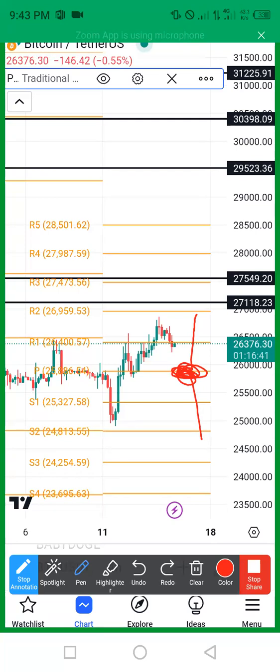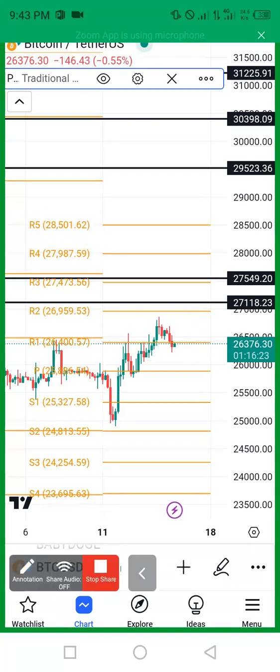Pivot is at 25,886. Where am I getting those things? Where you are seeing R5 in the bracket, that is the price at that area. So it keeps on showing you.